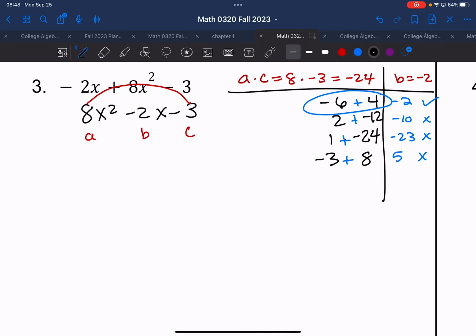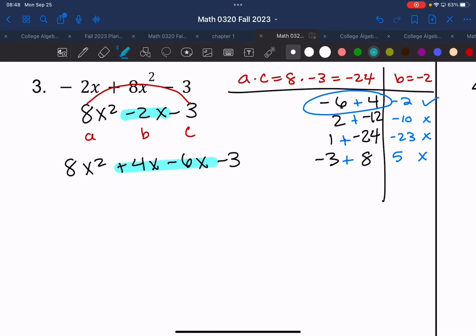What would I write first when I'm splitting up that negative 2x? Would I write a negative 6 or would I write a 4? A 4, because that goes with the 8 more than the 6 does. So 8x squared plus 4x minus 6x minus 3. Remember, I'm expanding that negative 2x into the factors that I found.